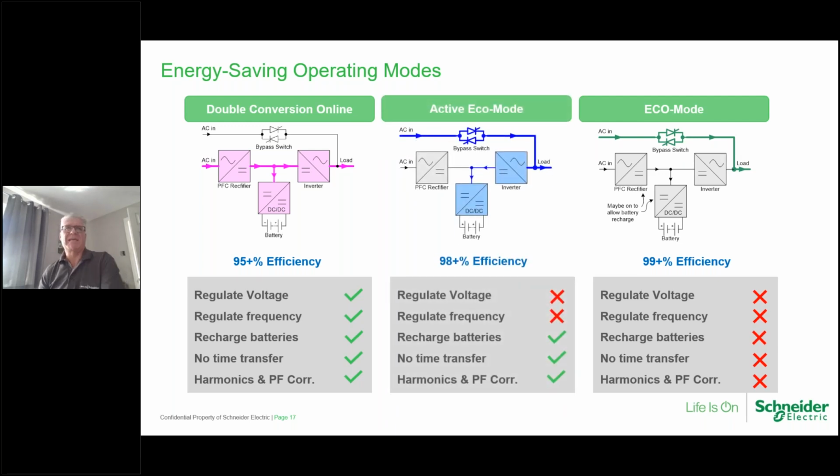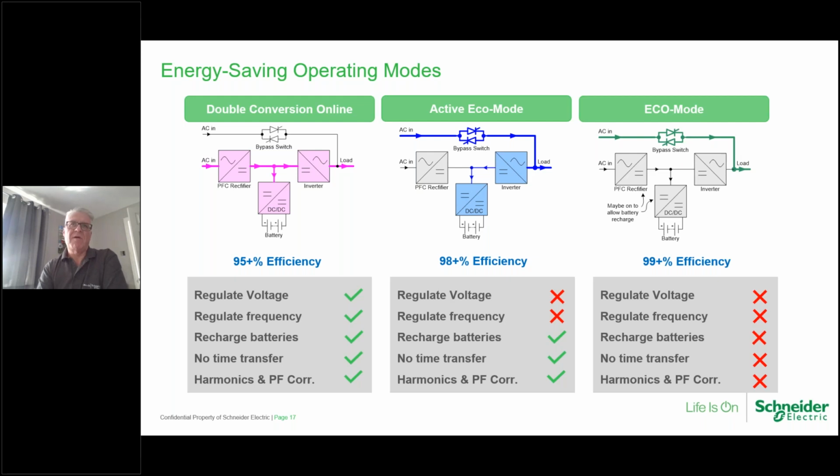If we look at an active eco mode, what we actually do is run the inverter in parallel with that bypass supply, and that means the inverter is ready and available, so that in the event of failure, effectively there's no transfer time. We've improved our efficiency up to 98%. In most cases, it's high 98 into 99.